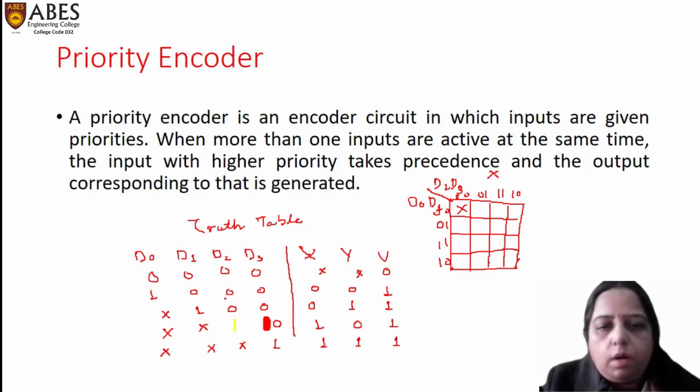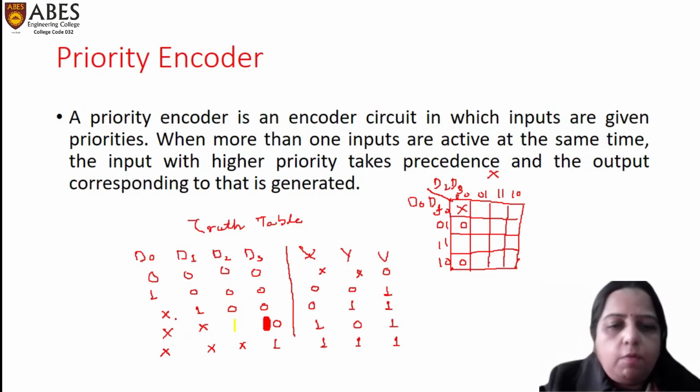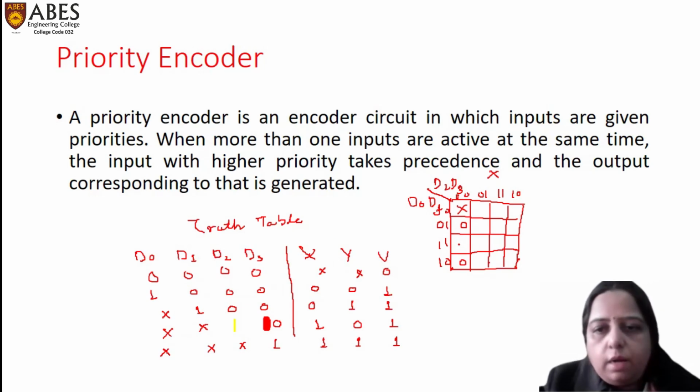Then for the next case 0, 1, 0, 0 we have 0, and another possibility of this case is 1, 1, 0, 0. And at all the rest of the places, we have 1.